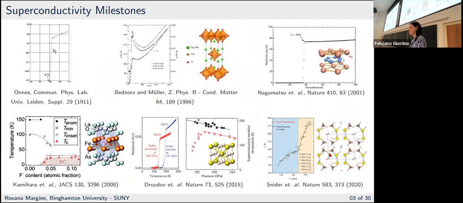As far as I know, the crystal structure is still not yet known. This is one suggestion of one of the possible crystal structure configurations. So these are the main milestones from the experimental point of view.